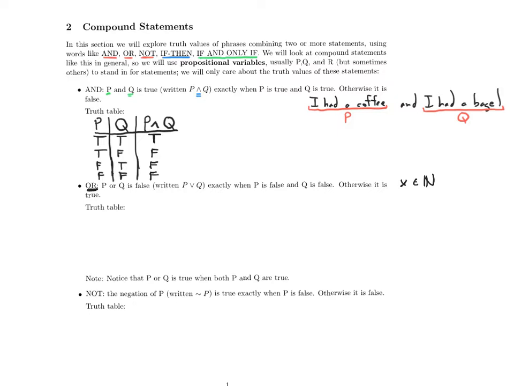And let's say I'm saying here that x is prime or x is odd. So, again, I'm going to call these P and Q, and notice the word or here.